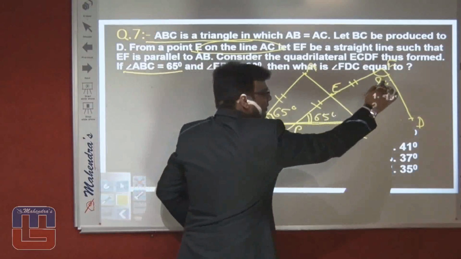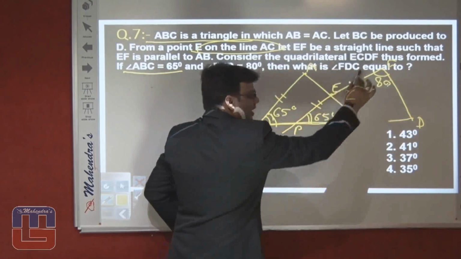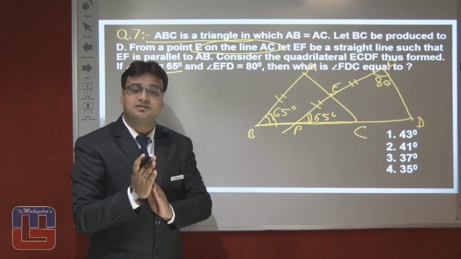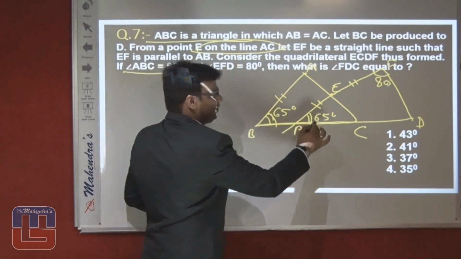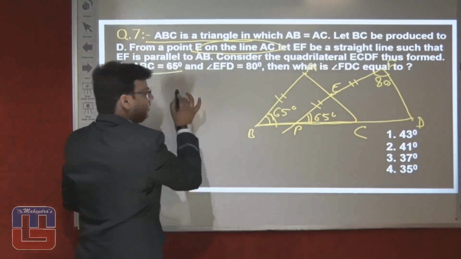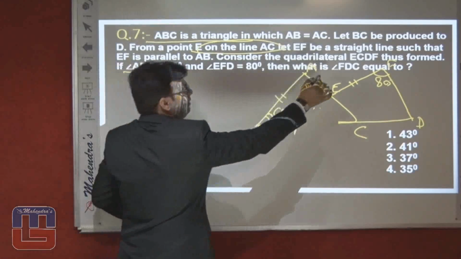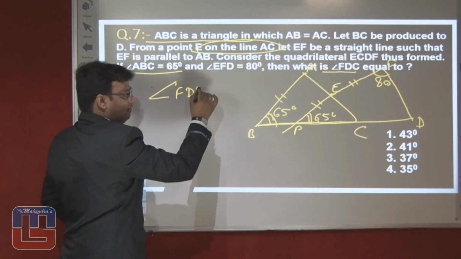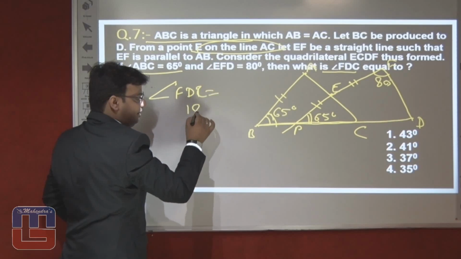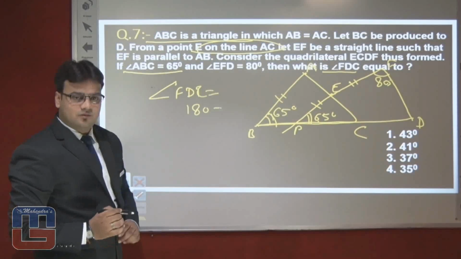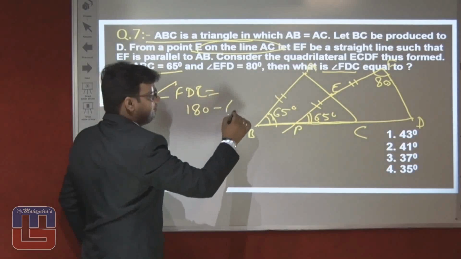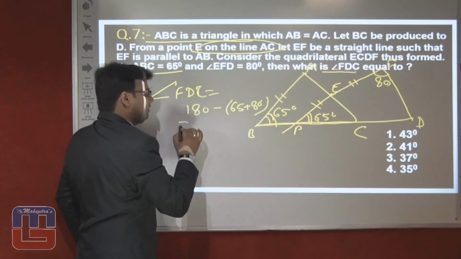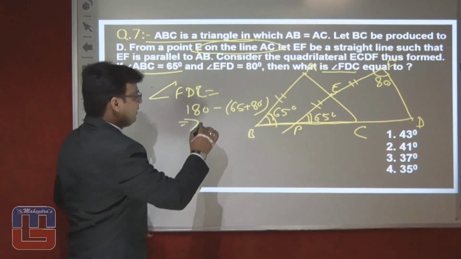Check triangle PFD. All of you know the sum of the interior angles of a triangle is 180. That means 65 and 80, and the remaining angle we need to find, FDC, is equal to 180 minus (65 plus 80), then we get 35 degree.